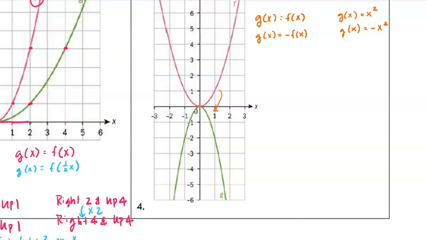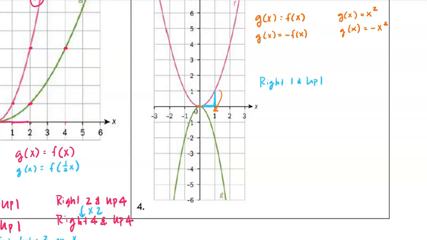Because once again, if I take this and I go right 1, that's not gonna work. That highlighter is useless. Okay, so right 1 and up 1, right 1 and up 1. And you can write this as a table too. I mean, it's up to you.